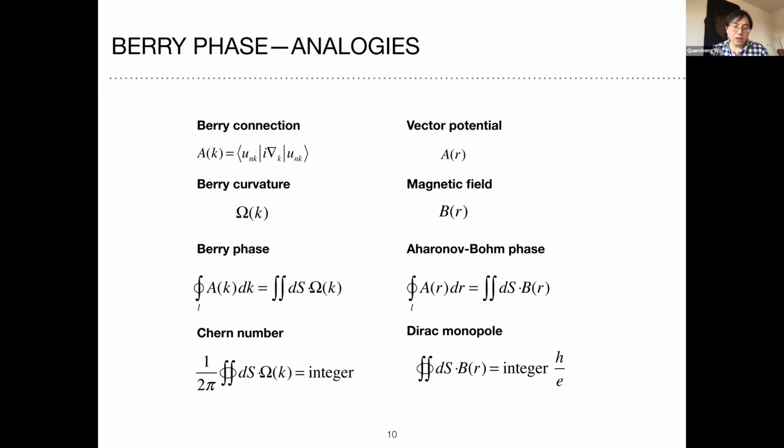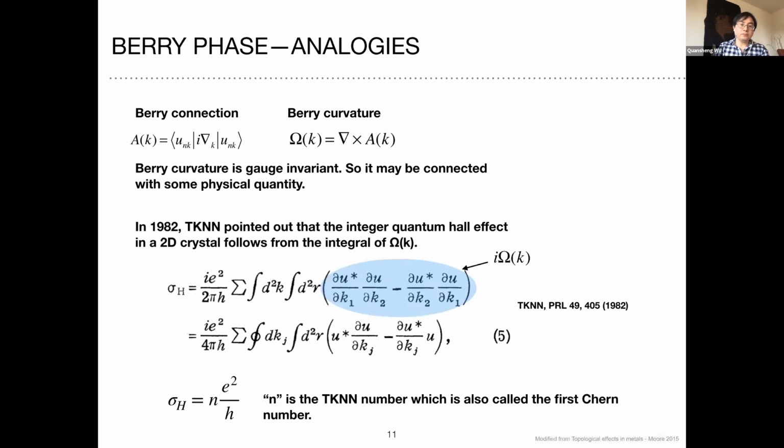So for now, we have the curvature, and we have a closed phase, so we can define a topological number. Okay, and if you study the Berry curvature, this Berry curvature is gauge invariant. So when we talk about the gauge invariance property, then we might think it may be connected with some physical quantities, right?